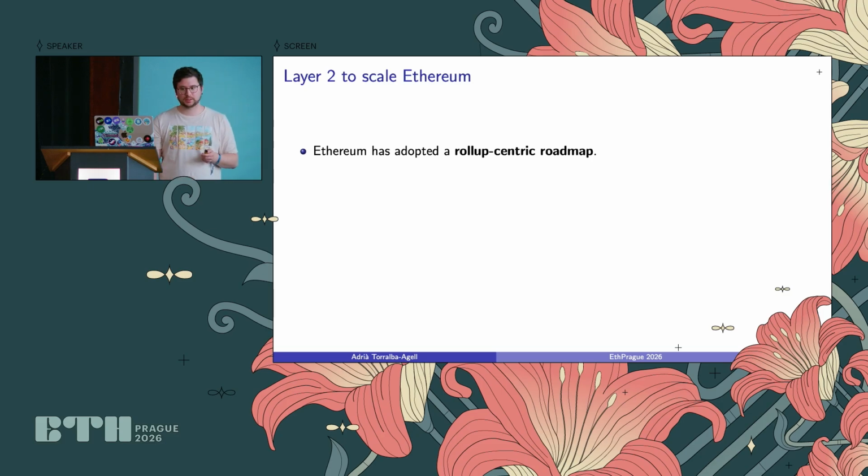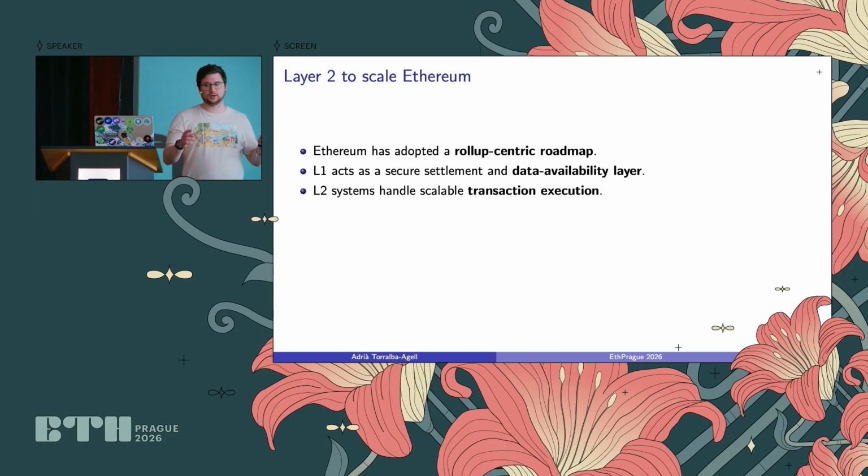In this setup, we are using L1 as a secure settlement and data availability layer, and we are keeping the heavy computation part of the transactions off-chain on L2 systems. So we use those cheaper systems to perform the computation, and we use L1 as a settlement and data availability layer.